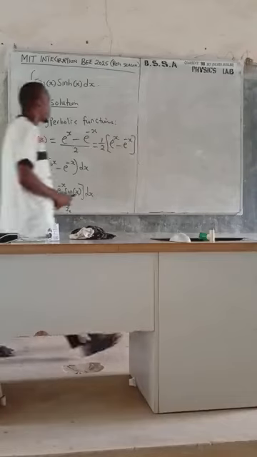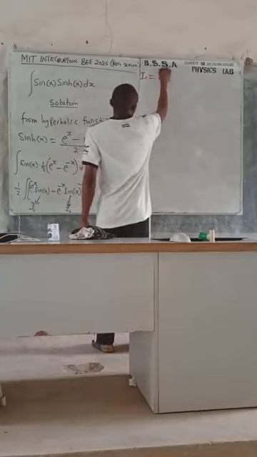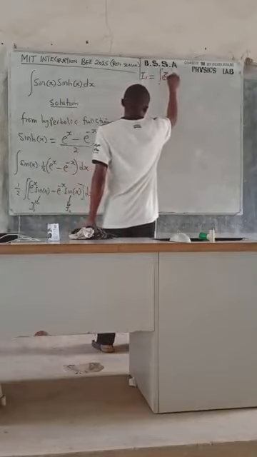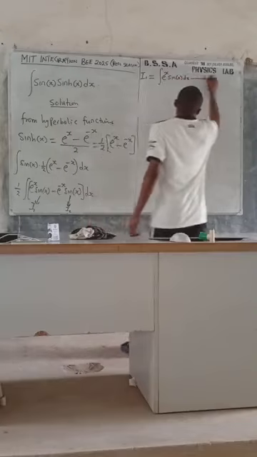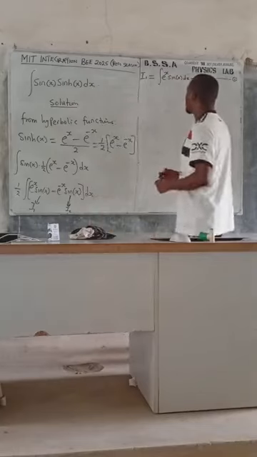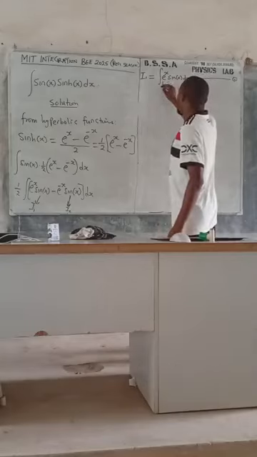So let's see. Integral I1, which we have as e to the power of x sine of x dx as our main equation. This is integration by parts, call this u, call this dv.